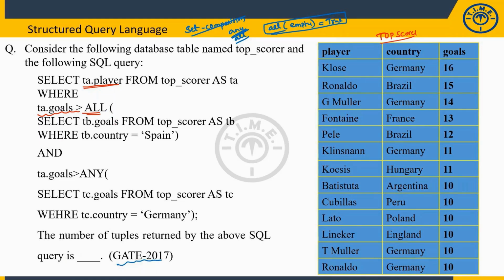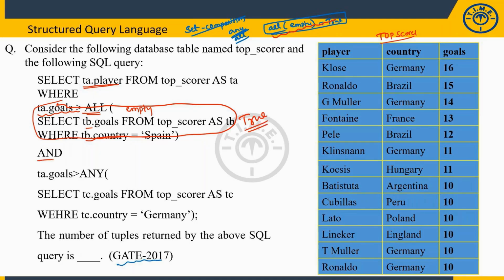Select tb.goals from top scorer as tb, meaning the same table will be used as tb, and tb.country equals Spain. But in this table, do we have a Spain country? No. That means the condition is false for every record, so it is going to return an empty set. And just now I explained ALL of empty is true. Because ALL of empty is true, we can say this first condition, which is based on the output of the inner query, is true.